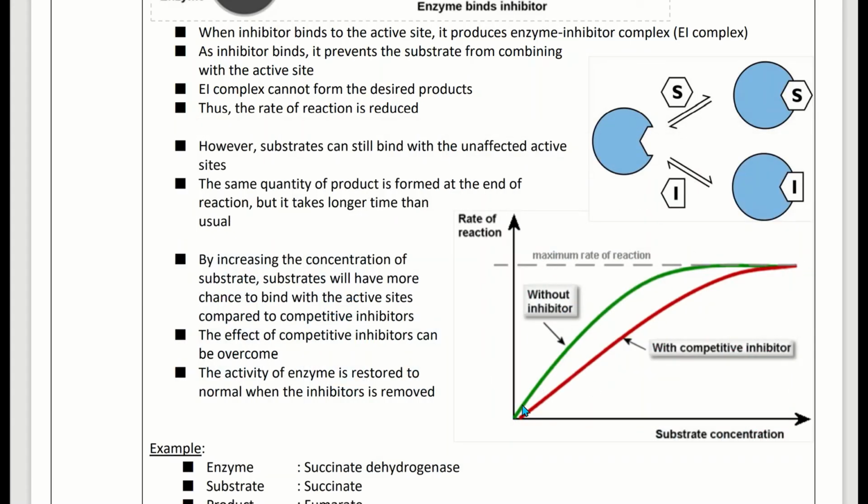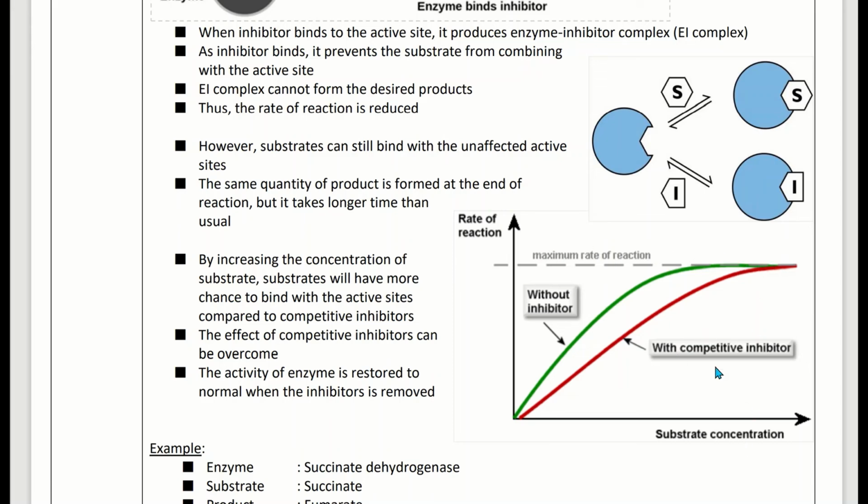Tanpa inhibitor lagi cepat. Dekat sini, sini je dia dah substrate concentration banyak ni je dah penuh maximum rate of reaction. Tetapi bila you ada competitive inhibitor, dia lambat nak sampai maximum rate of reaction. Okay. Concentration tu kena lagi banyak baru dia sampai maximum rate of reaction.